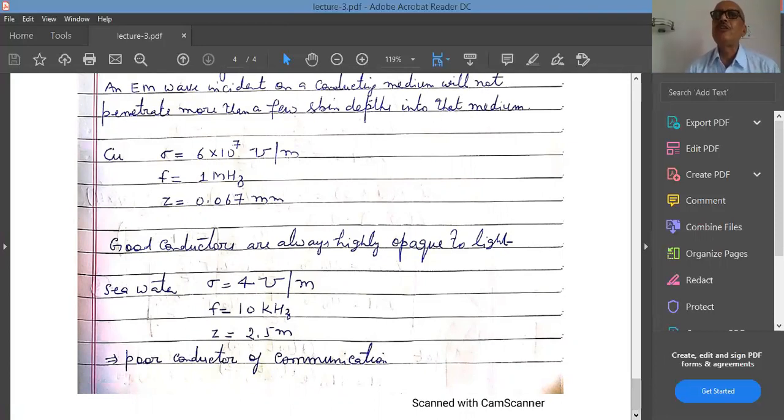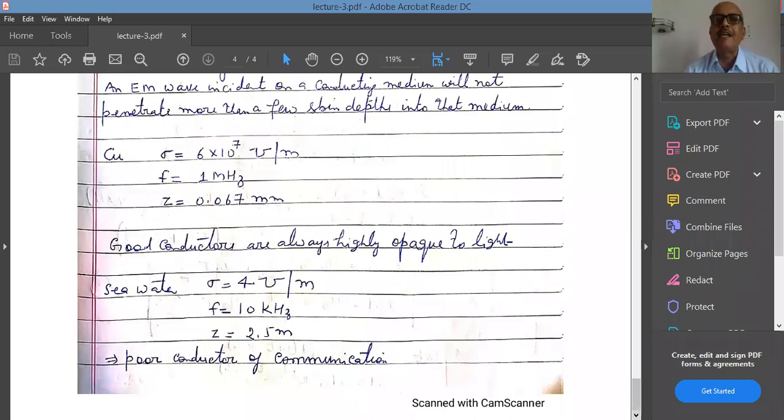If you start moving into the ionosphere from the Earth's surface and keep moving further inside, the conductivity will keep on increasing because of the increase in the density of ions, and the skin depth will keep on changing. But it is a very common way of communication: whatever is incident onto the ionosphere gets reflected, because no transmission takes place into the ionosphere due to high conductivity and high frequencies.